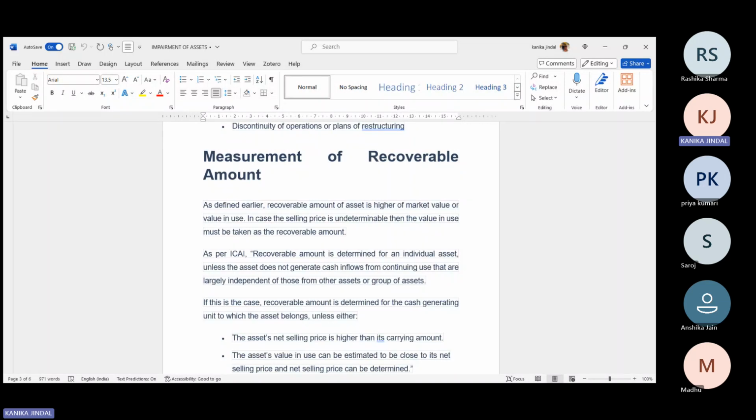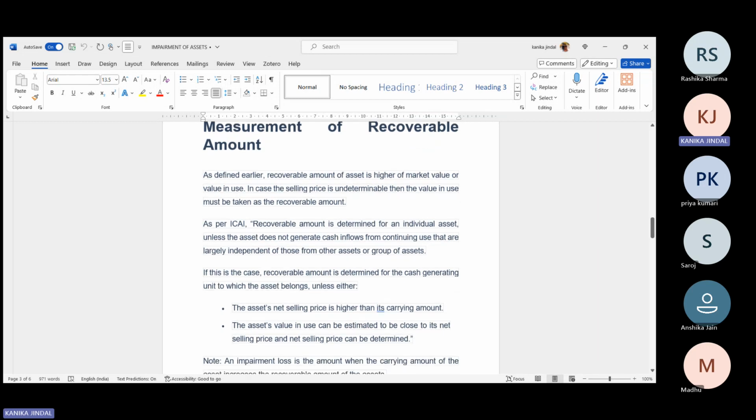Now, here we are repeatedly saying that the recoverable amount is either the asset's market value or its value in use, whichever of the two is higher. But there can be cases where we cannot determine the selling price of the asset. So in those cases, we will take the recoverable amount as the value in use.